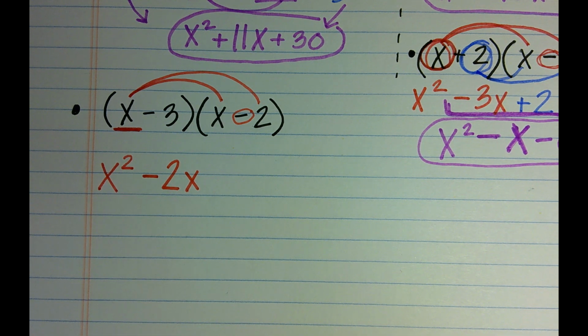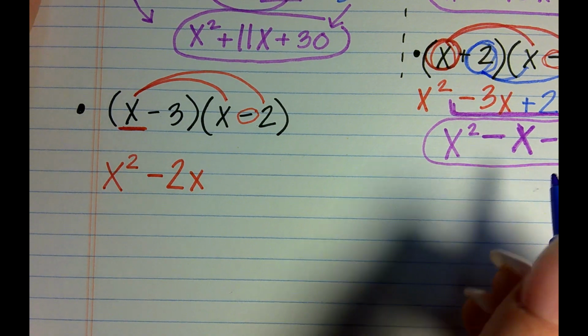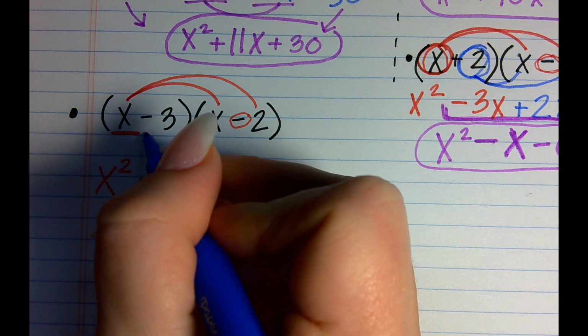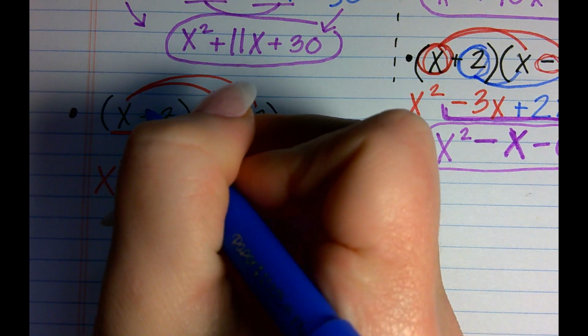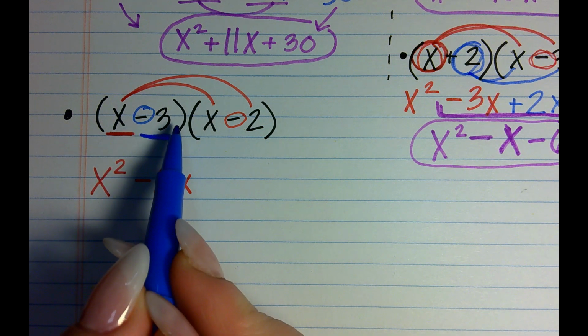Okay, so we have minus 2x. Now, what do we do next? My inner terms. Negative 3 and x. Good job recognizing that because it's minus 3, this is also negative 3.